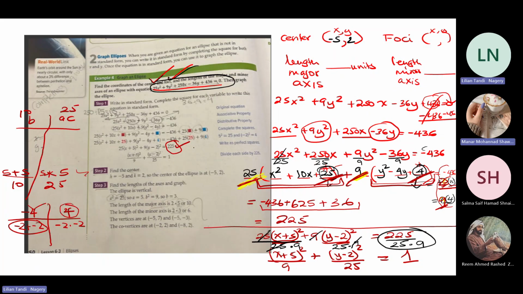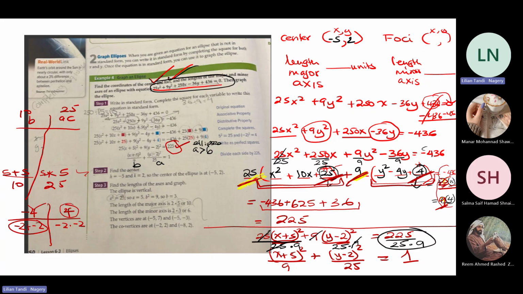So here, this will be our A and this will be our B. We see now A has Y, so it is on the Y axis, so it is vertical.